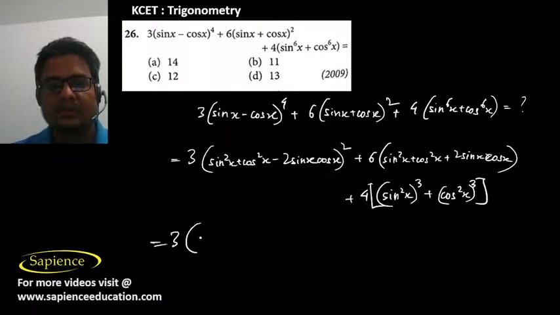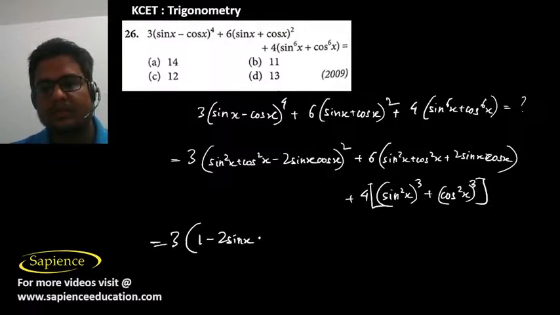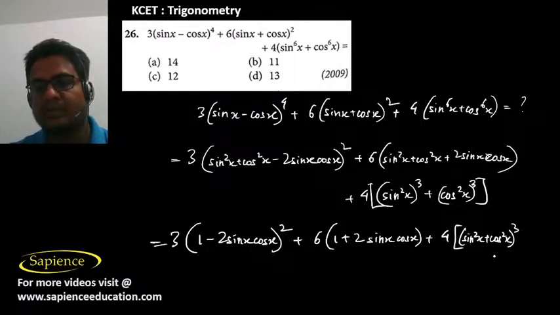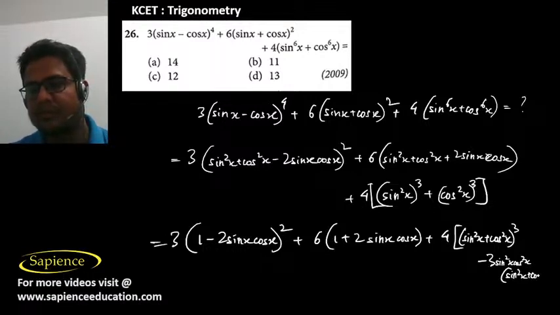So this is 3 into (1 minus 2 sin x cos x) whole square plus 6 into (1 plus 2 sin x cos x) plus 4 into, this will be a cube plus b cube, which is (sin square x plus cos square x) whole cube minus 3ab into (a plus b), so this is 3 sin square x into cos square x into (sin square x plus cos square x).